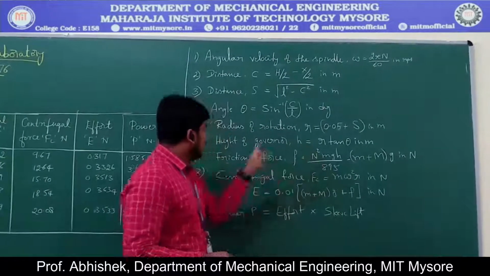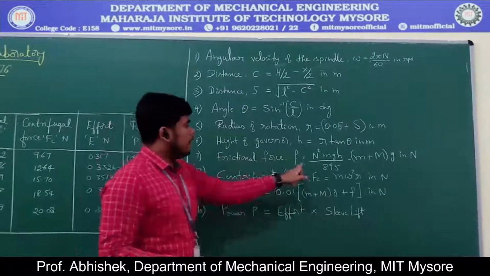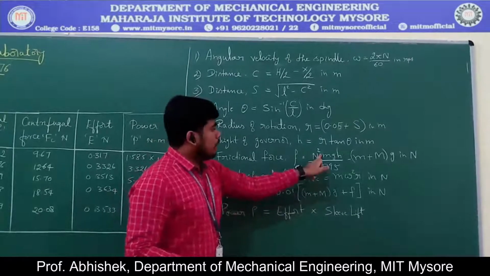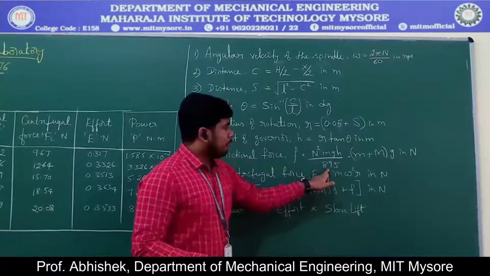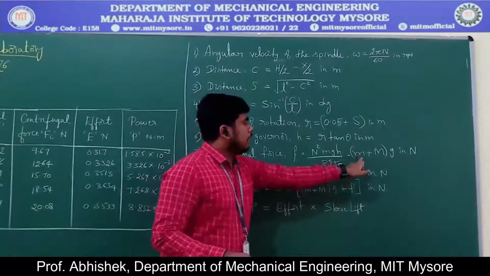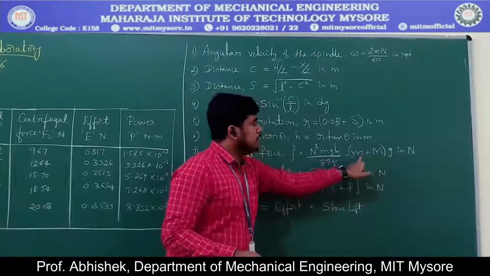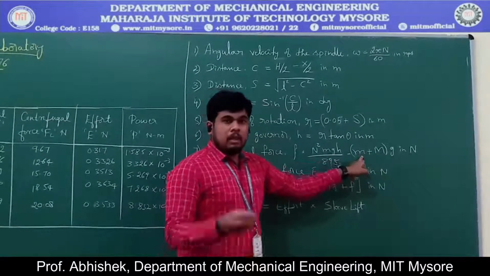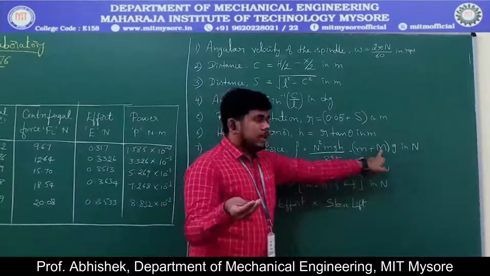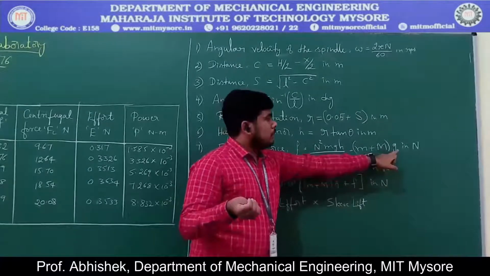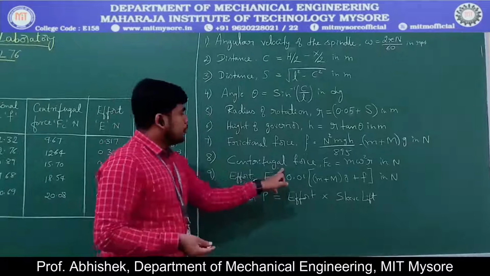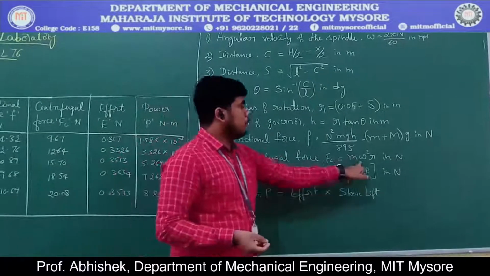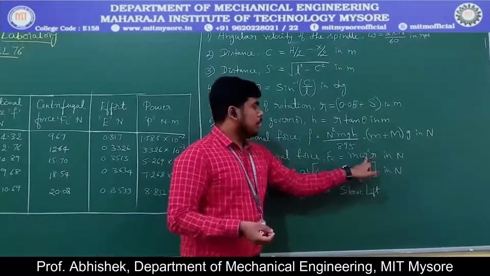Theta value, that is the angle that you have got in the fourth step itself, so that you can find out the height here. Then frictional force, F is equal to (m plus M) into g into h, whole thing divided by 895 minus m plus M. So small m is the mass of the ball and capital M is the mass of the sleeve. The whole answer should be in Newton. Then centrifugal force, F is equal to m into omega square into r.